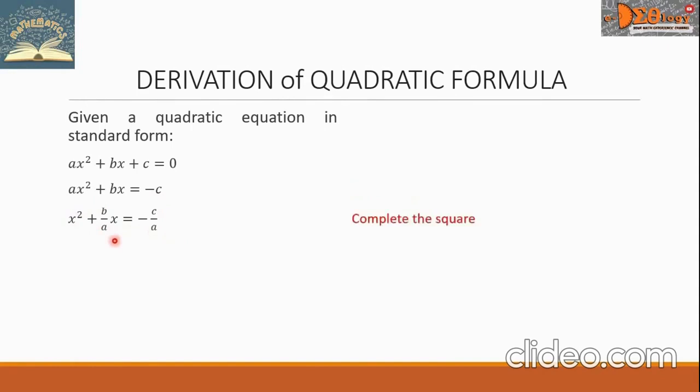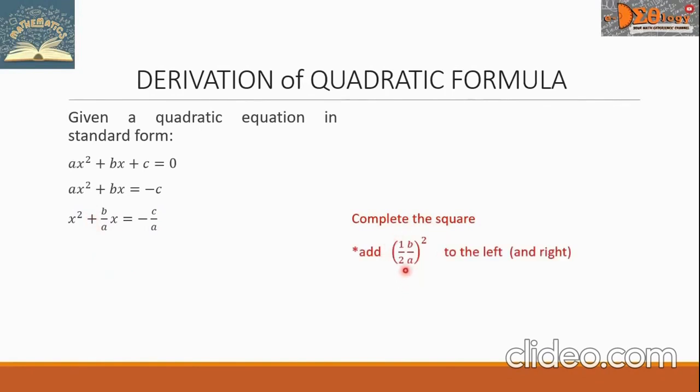Let us complete the square of the left side. It means, considering the coefficient of x, the b over a, we are looking for a constant that is half of this b over a, and then we will square that value, just like this.